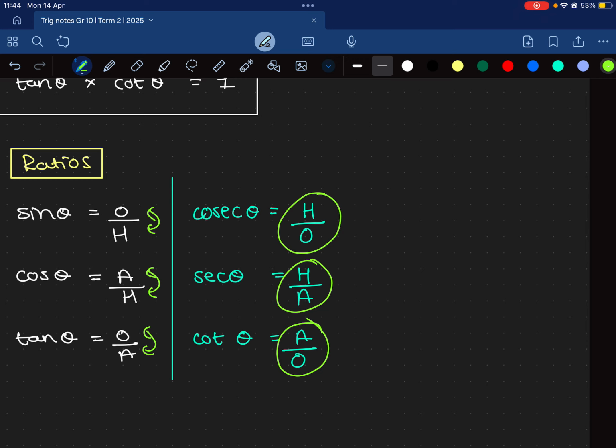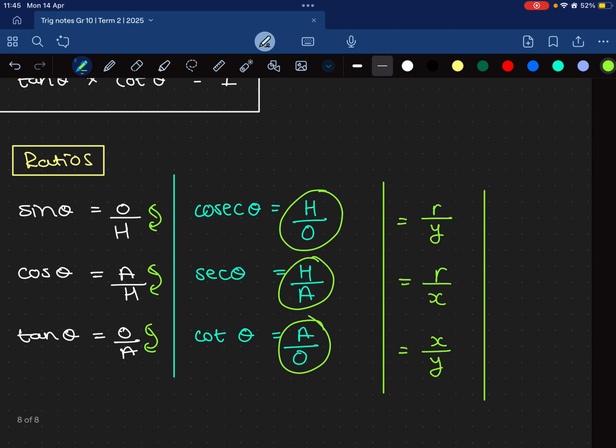Remember that we are able to use triangles, we're able to use the regular ratios, so it would work the same for x, y, and r. So it would still be r over y, or r over x, or x over y. Remember that it also works in the Cartesian plane as well.